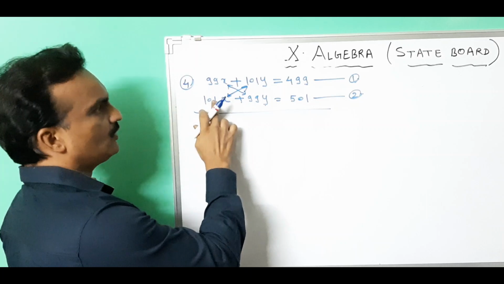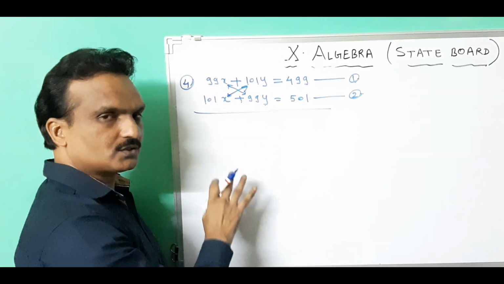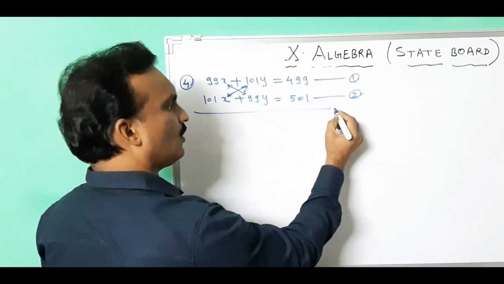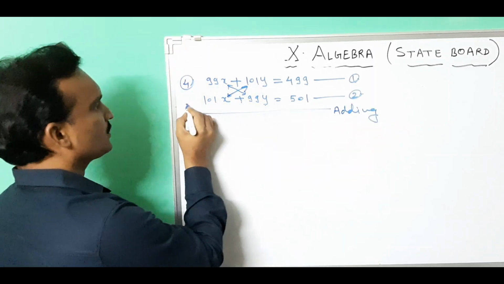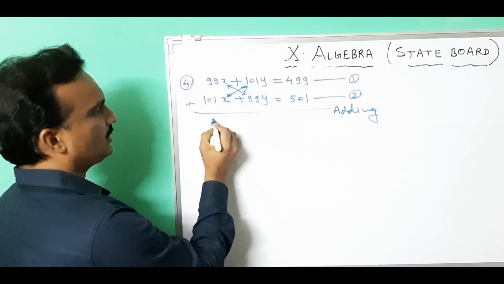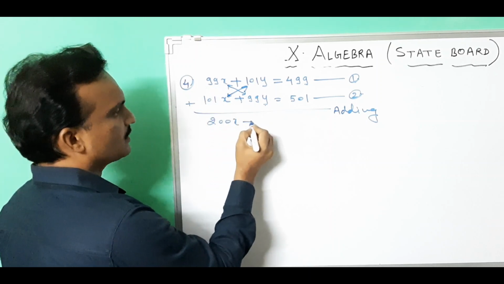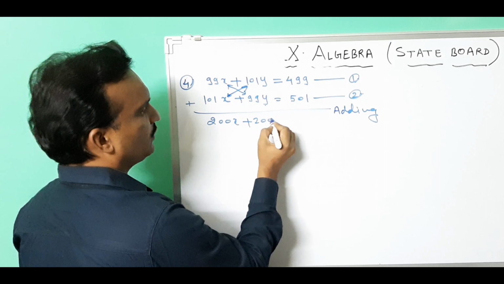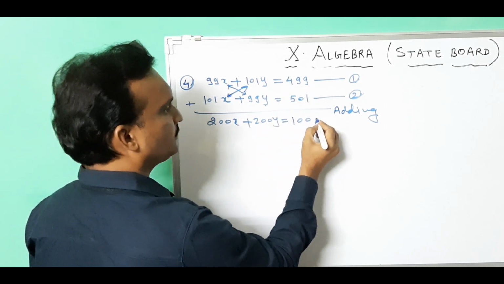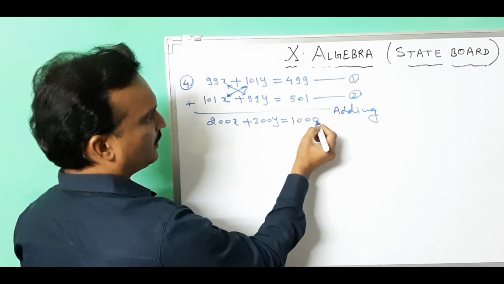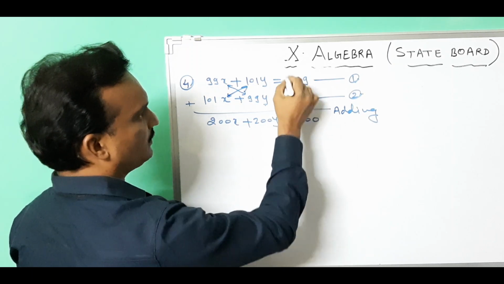So when you have cross coefficient same, first of all you will add these two equations, always adding. Okay, so when you will add, 101 plus 99 means 200x, here also 200y, and adding these two gives 1000, right? 9 plus 1 is 10 and 9 plus 1 is 10, 10.